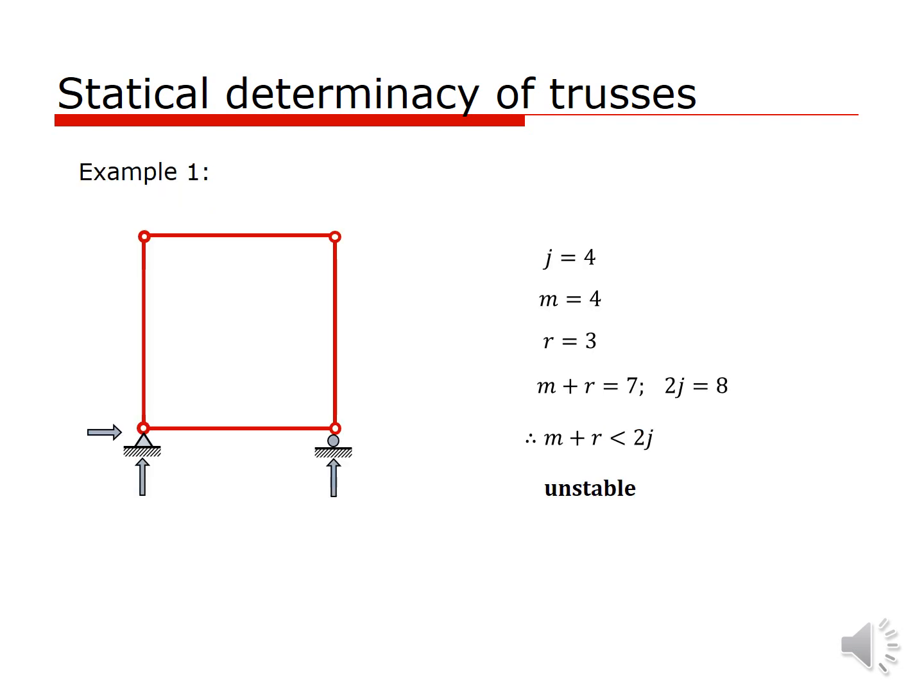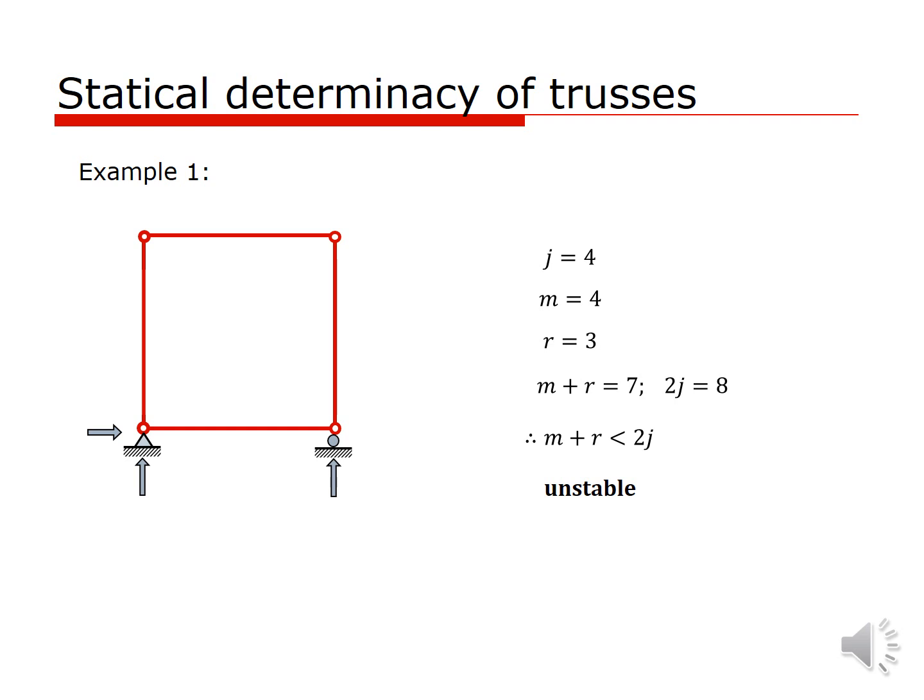We'll do some examples and get this idea clear. Example 1, you can see a truss with 4 members connected with 4 joints, and on the left hand side it's a pin support and on the right hand side it's a roller support.